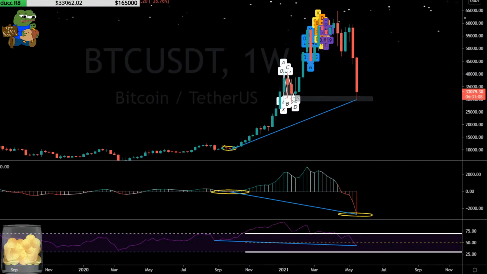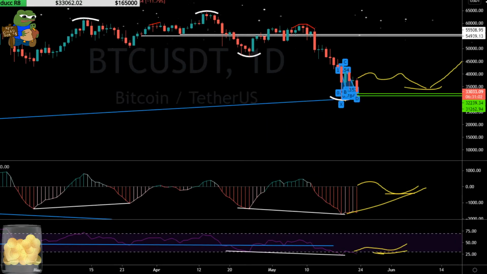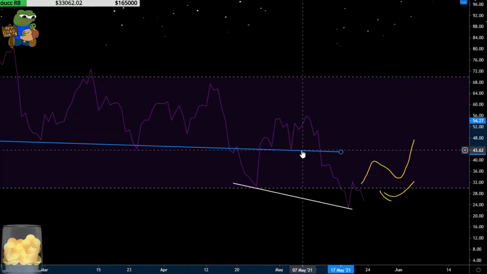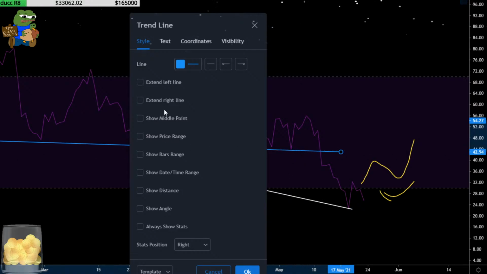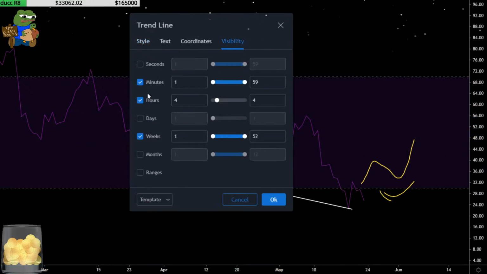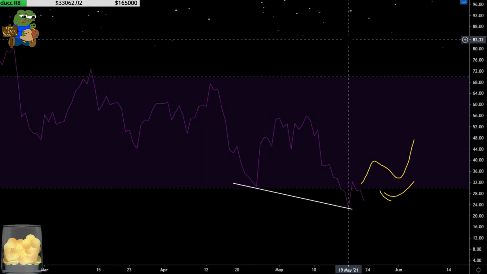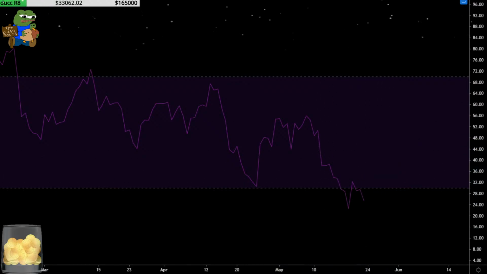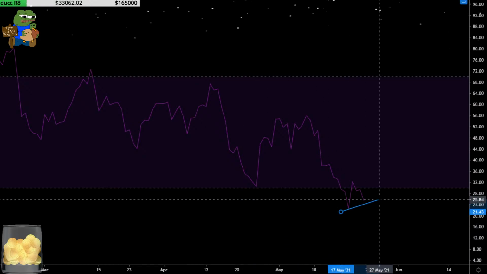So, okay, let's see if we go in onto the daily. Let's look at the RSI. So on the RSI, this is for the weekly. On the RSI here, we finally have that bullish divergence as well.